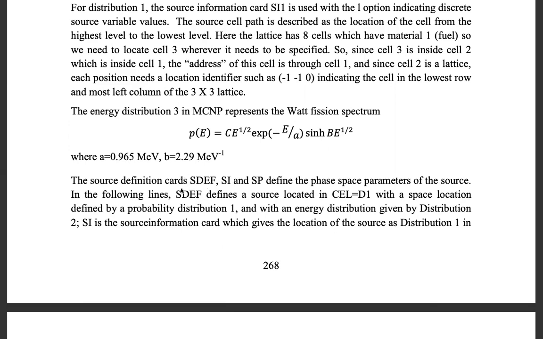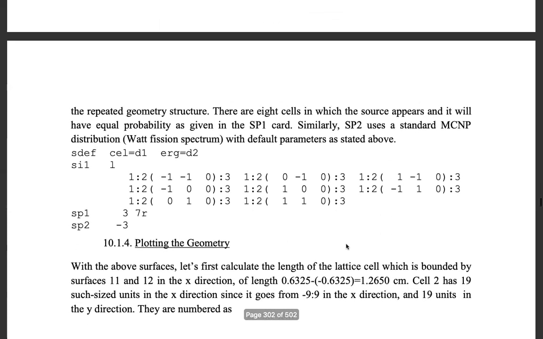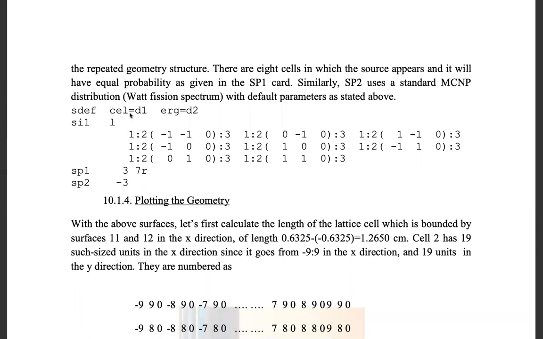So this is how you define a source in terms of source information and source probability. You define a source located in a cell if it's a volumetric cell, or you can define it as a distributed source. Here's a typical source which is defined in cell D1 with distribution 1. So here is the spatial distribution. If you see how many, there are 1, 2, 3, and 3, 6, and 2, 9.